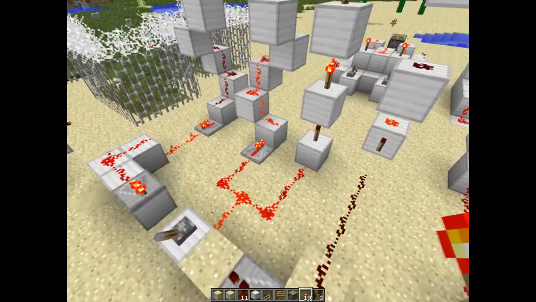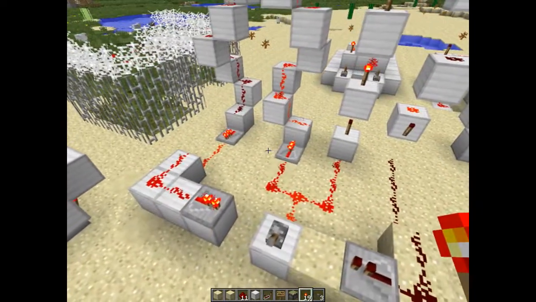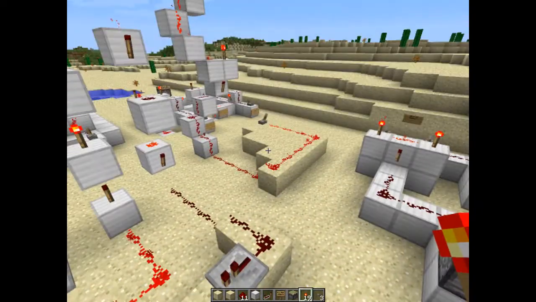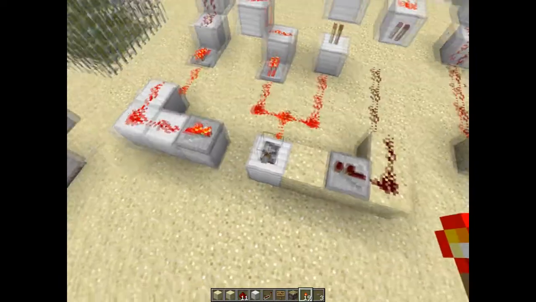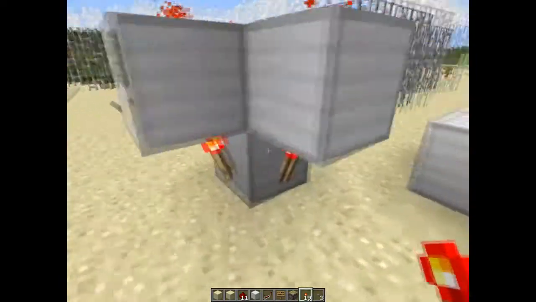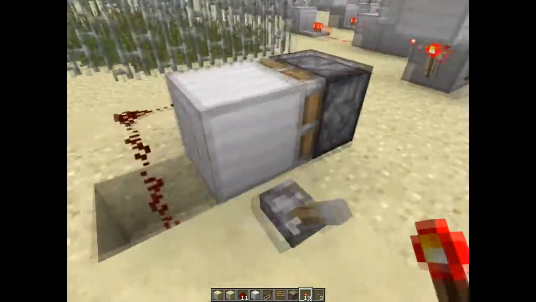So the next part will be about the actual limitations, I think would be probably the best word for working with Redstone.